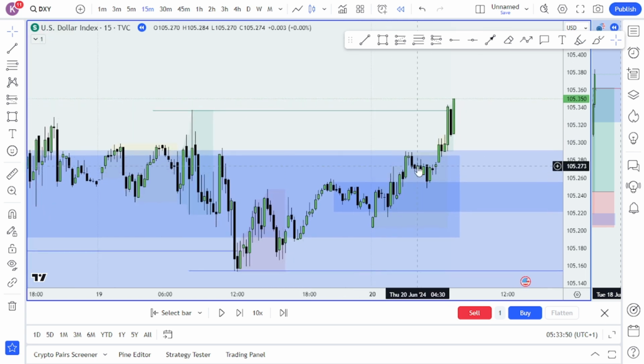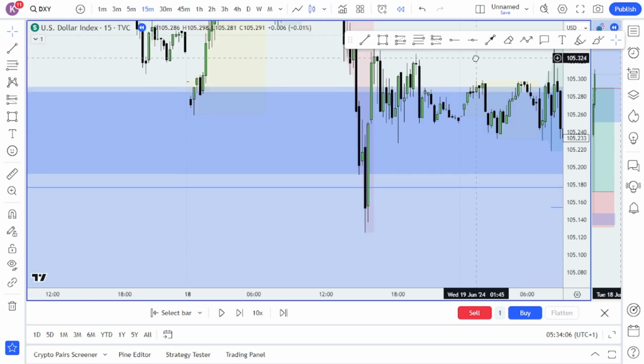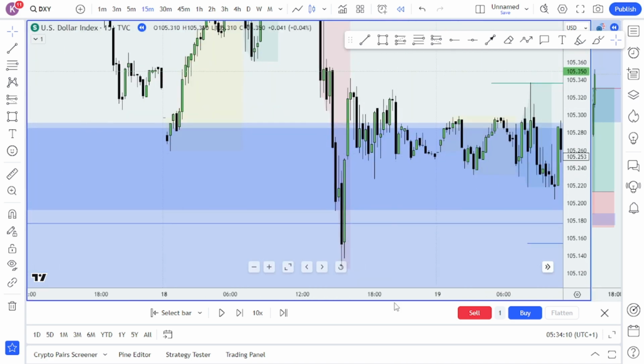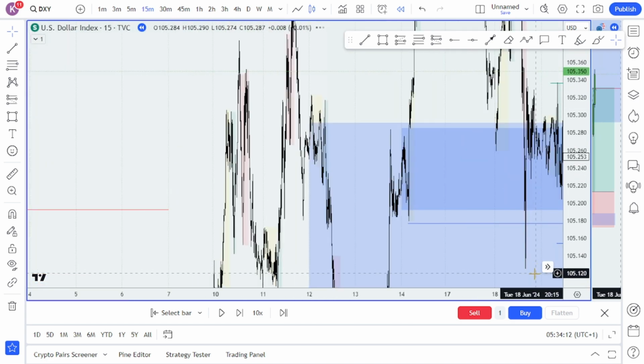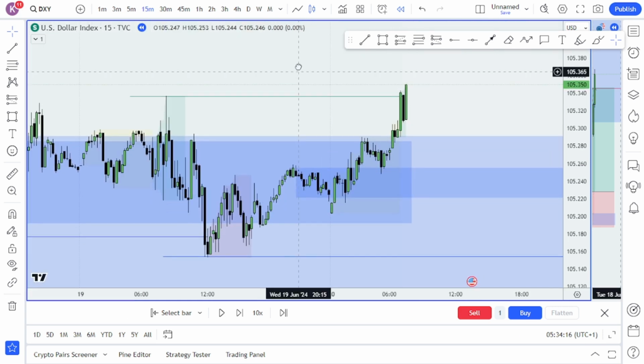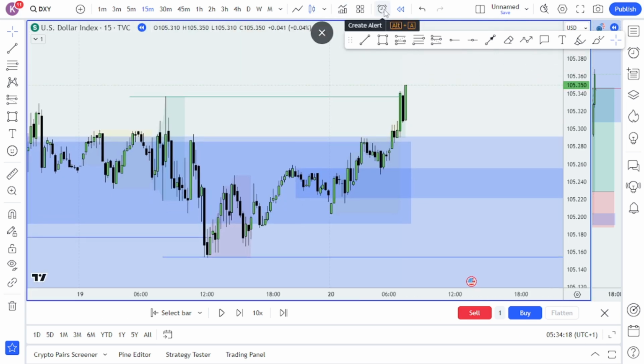So I'll still be using yesterday's bias, and I said I'm never going to sell against the mitigated POI. Never going to do that, because it's mitigated properly, and I'm never going to buy from it too, because price is not in discount in this big swing.